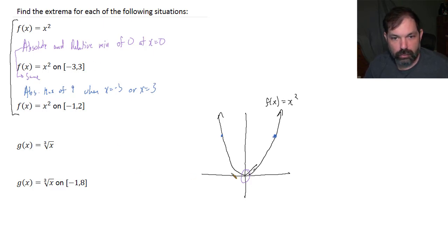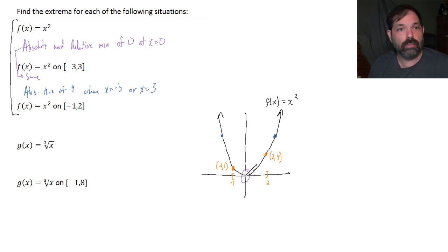So now here's -1 and here's 2. And so we would have the point -1, 1 and the point 2, 4. And those would be our endpoints for the curve.